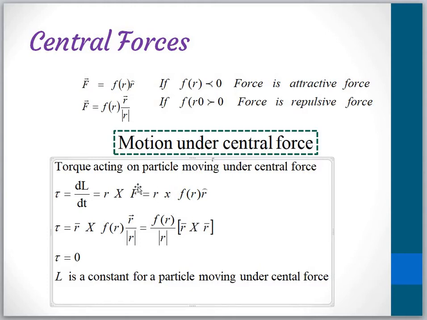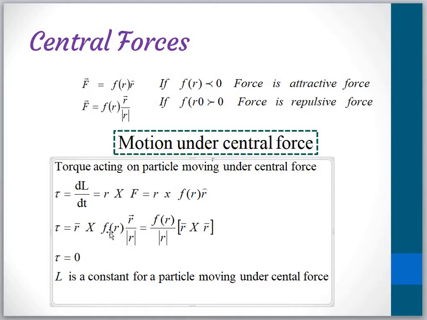Instead of F we can write F of r into r cap. When we write the equation, F of r is a constant, so we can take it outside, and here r is the vector r. So r cross F of r into r cap, where we write r cap as vector r divided by the magnitude of r.